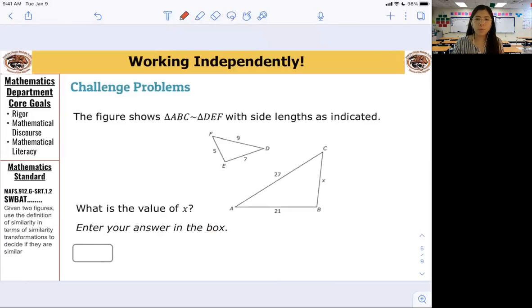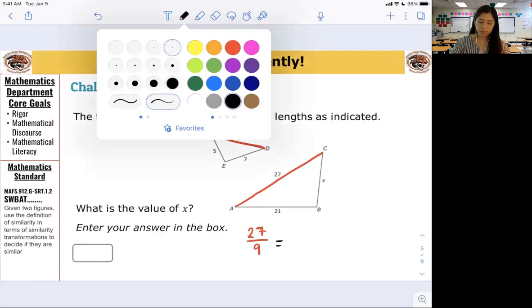All right. So let's do the same thing we did before. We're going to set up our proportion. So can I have Emily start us off with one side of that proportion? 27 over 9. Okay. So if she has 27 over 9, let's go ahead and work with what she started us with. Let me have Perla. What would be the other side of that proportion?